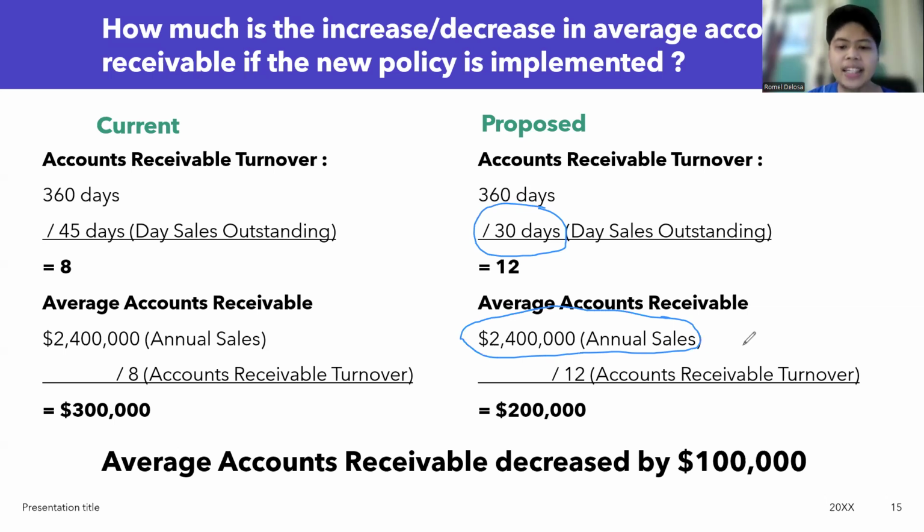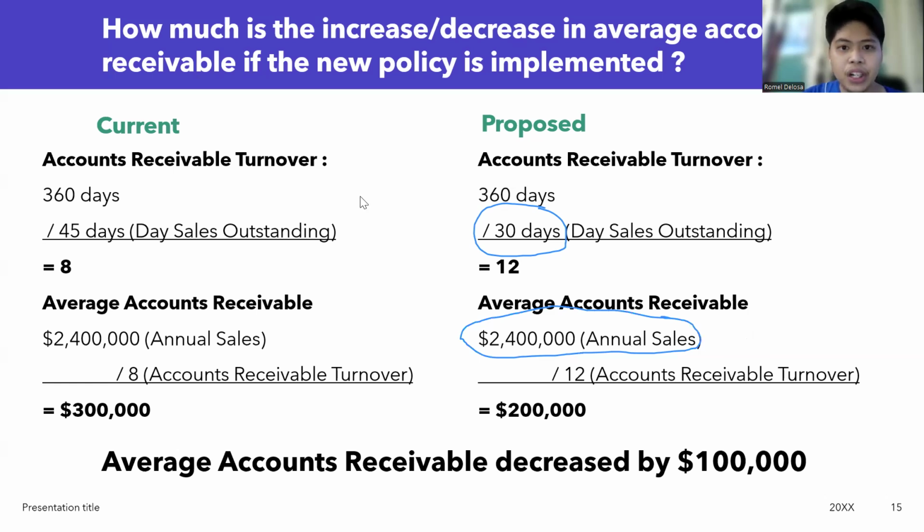There are cases where you became more relaxed, so your sales under the new policy increased. Or because you became stricter, super strict, your annual sales decreased. So there are such cases. So commonly in the problems, the common changes can apply on the day sales outstanding and on the annual sales in the new policy, because we consider the increase or decrease in sales depending on the policy.